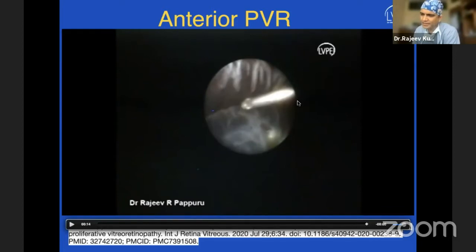You'll be able to identify those areas, especially in RDs with PVR where the periphery cannot be examined because of corneal opacities, or in IOL cases where there is PC opacity in the periphery. In all those cases where you want to see the periphery better than before, there's an advantage of having an endoscope in retinal detachment surgery.